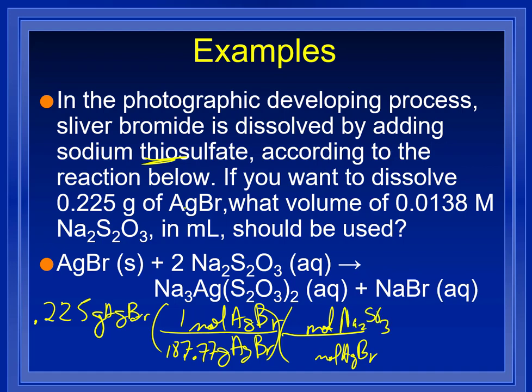And in my balanced equation, there's a 1 in front of AgBr, there's a 2 in front of Na2S2O3. Okay, so 0.225 divided by 187.77 times 2 is 0.00240 moles of Na2S2O3.